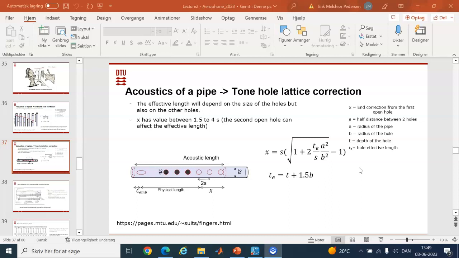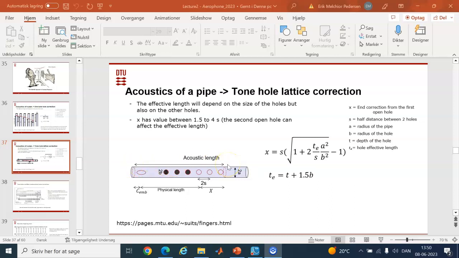Acoustics of a pipe. Tone hole lattice correction. The effective length will depend on the size of the holes, but also on the other holes. A little bit complicated. In that way, it's a good figure.